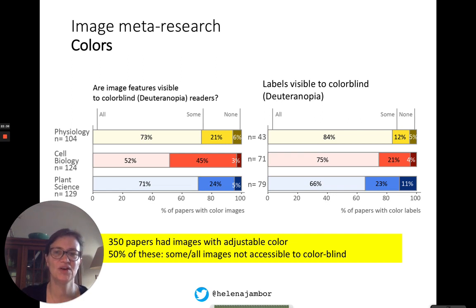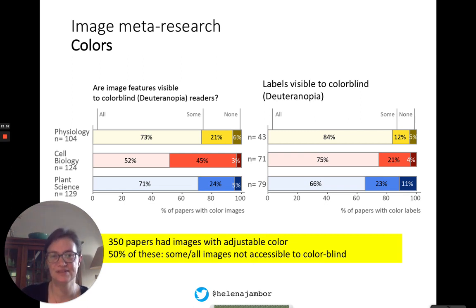And of those, only 50% of the papers had images that were not or only partially accessible to colorblind people. Again, quite a surprising number, given that this gets a lot of attention in the bioimaging community already before us.